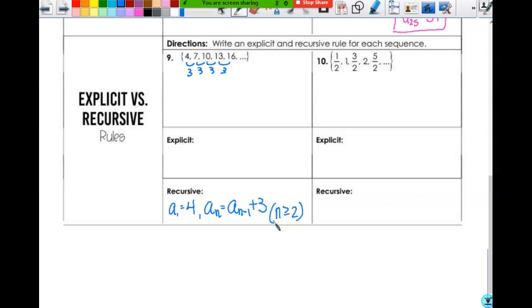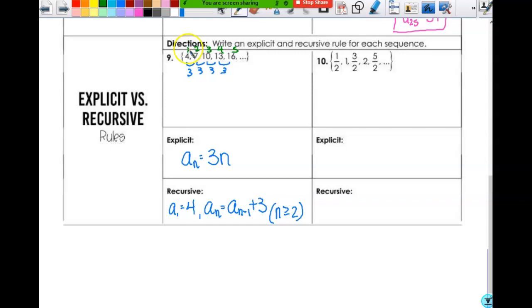Okay, so adding 3 tells me I'm going to have to triple my term number. So a sub n is going to be 3 times n, and then what? Yeah, your term numbers, this is 1, 2, 3, 4, 5.